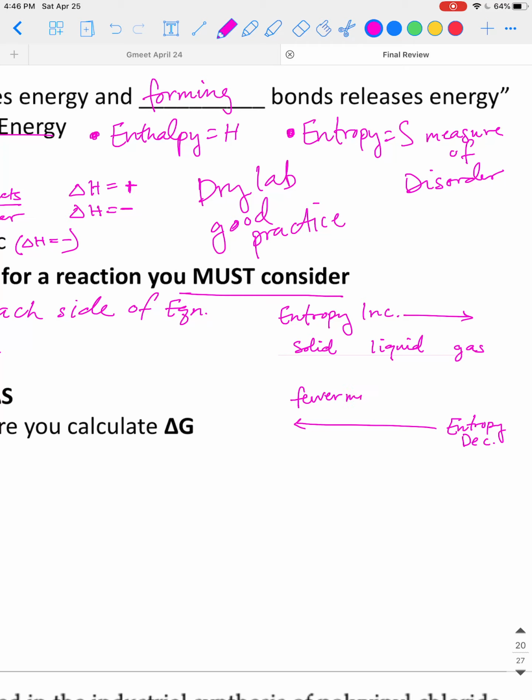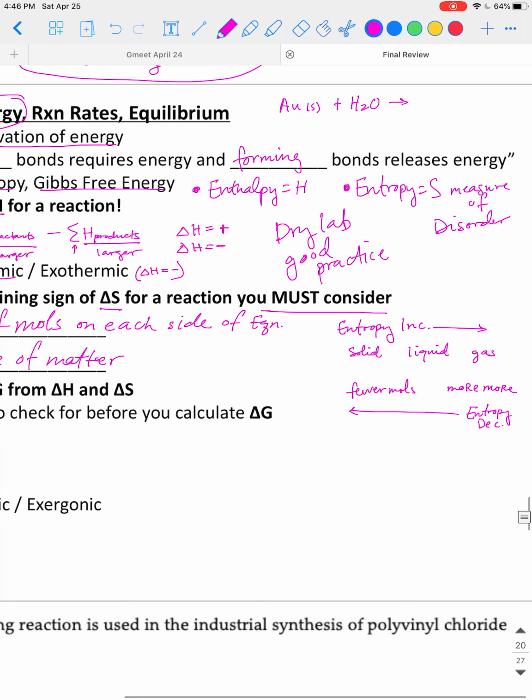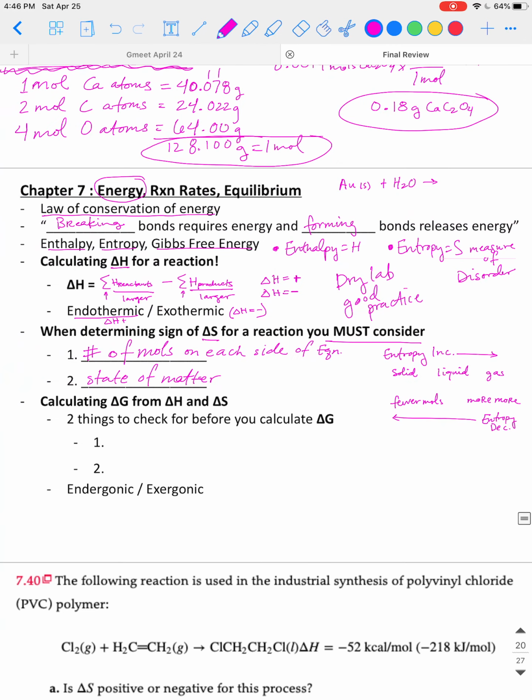As you go from a gas back to a liquid, back to a solid, entropy is decreasing, you're becoming more ordered. Or as you go from fewer moles of stuff to more moles of stuff, entropy increases. But if you have more moles of stuff on your reactant side, and on the product side you have fewer moles, entropy is decreasing.